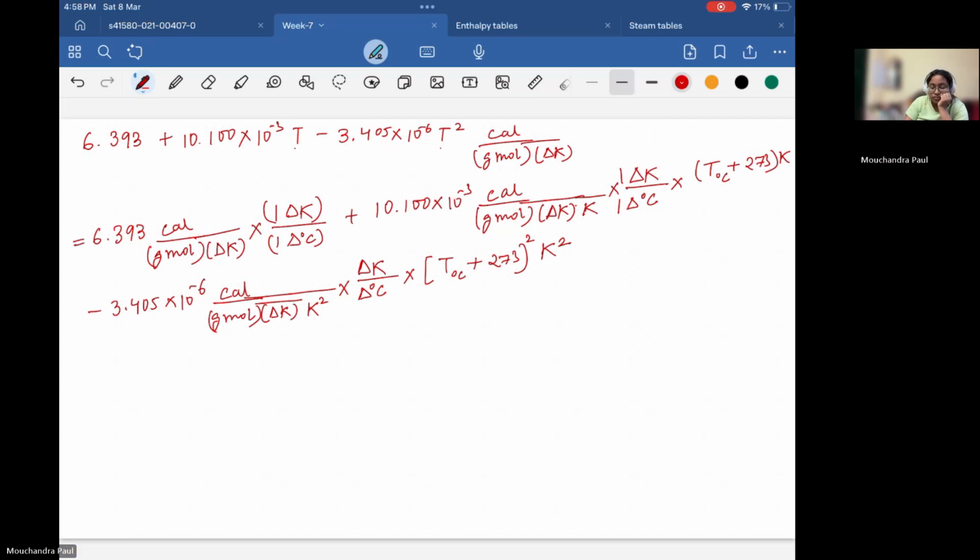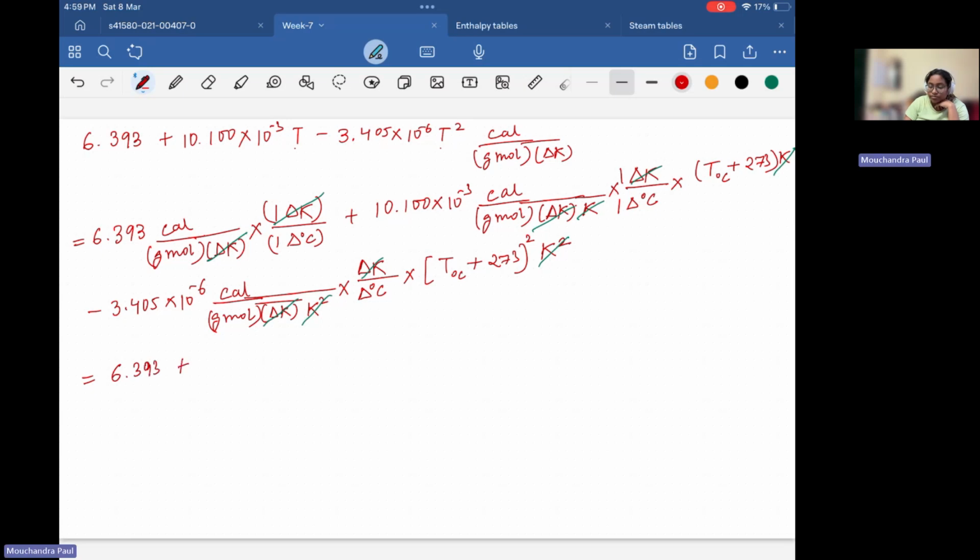So if you want, you can cancel out the common terms and see whether you have written the expressions correctly. Okay, yeah, looks good. Now let's quickly add the factors involved with each T and T squared term, and we'll get the final expression. So the first term remains as it is.